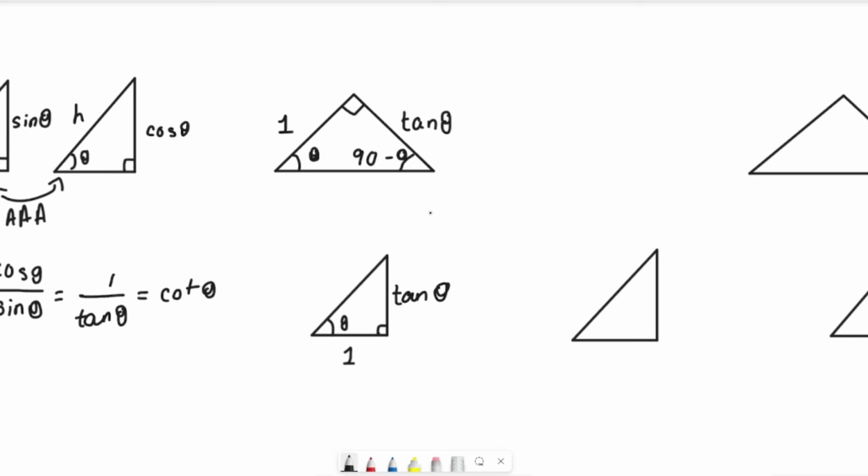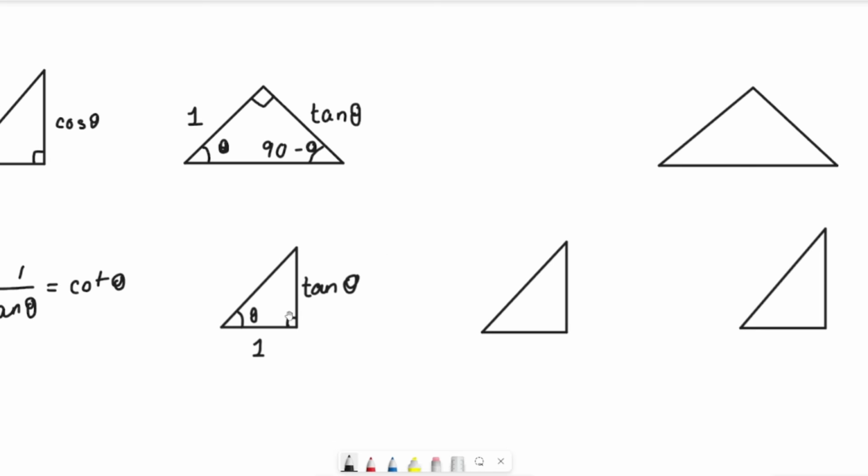And notice that this again has the same angles as the starting triangle we started off with, which was theta here, right angle here, hypotenuse as 1, cosine theta as the adjacent, and sine theta as the opposite. So again, we have similarity between both of these triangles by the rule angle, angle, angle.